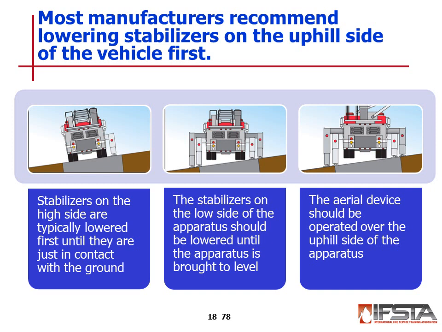If interlocks have not activated, it will be necessary to raise both sides of the truck until they do. After the apparatus is stabilized, preferably operate the aerial device over the uphill side of the apparatus. If this is not possible, consider lessening the amount of aerial device extension and loading based on the manufacturer's recommendations.